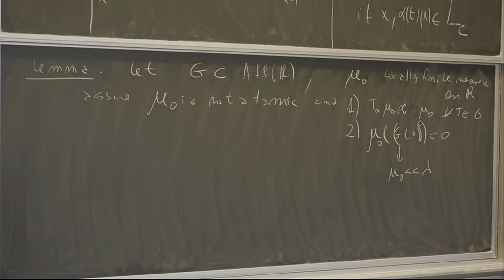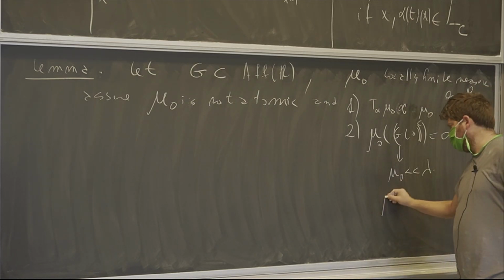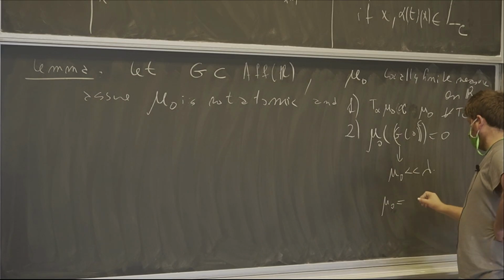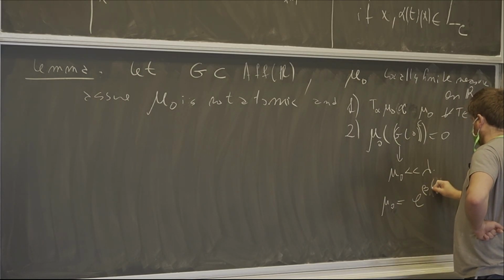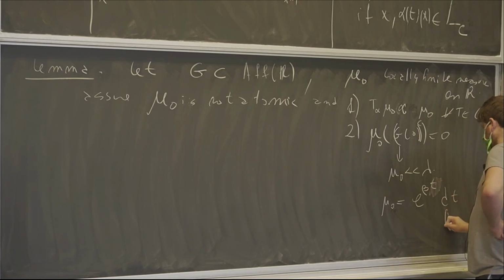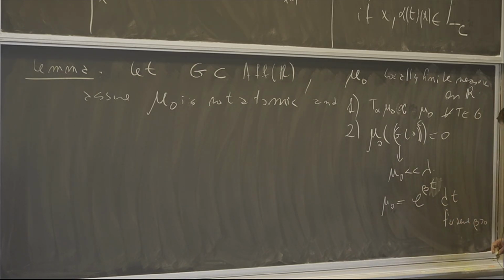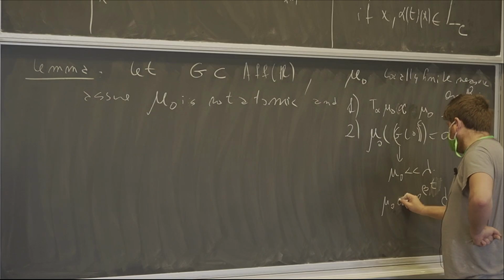And actually not just absolutely continuous, mu naught is of the form e to the something, for some beta, up to a constant.